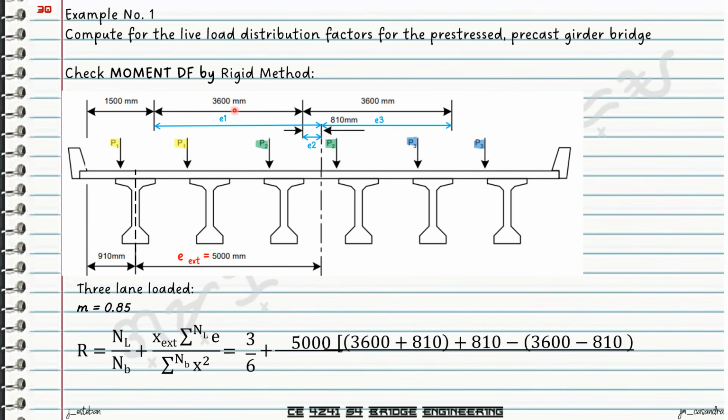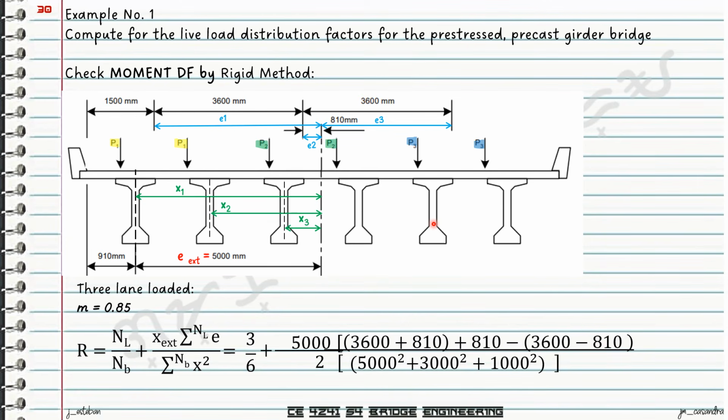So E1 is 3,600 plus 810. E2 is 810. And E3 is 3,600 minus 810. It is subtracted since E3 is found on the opposite side of your center. So for the X values, we'll still have the same values, X1, X2, X3.